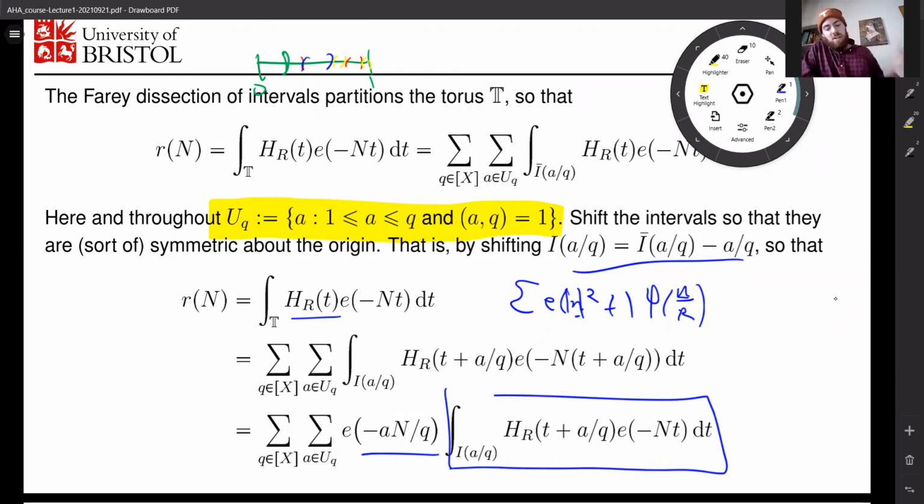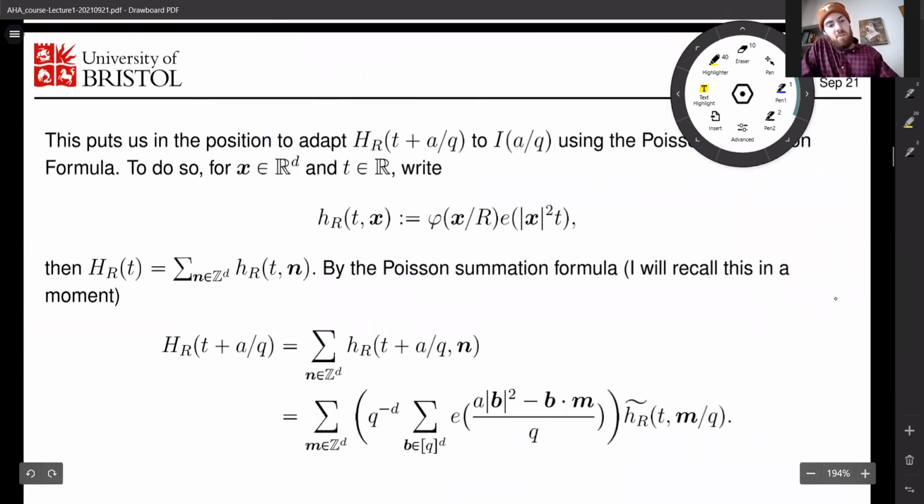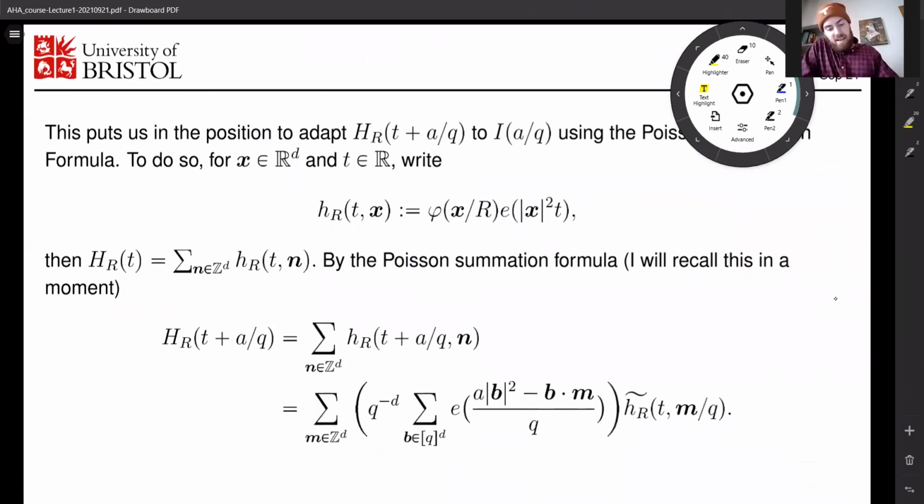They're almost symmetric about the origin. And I got this as a sum over all the points in the Fourier sequence.